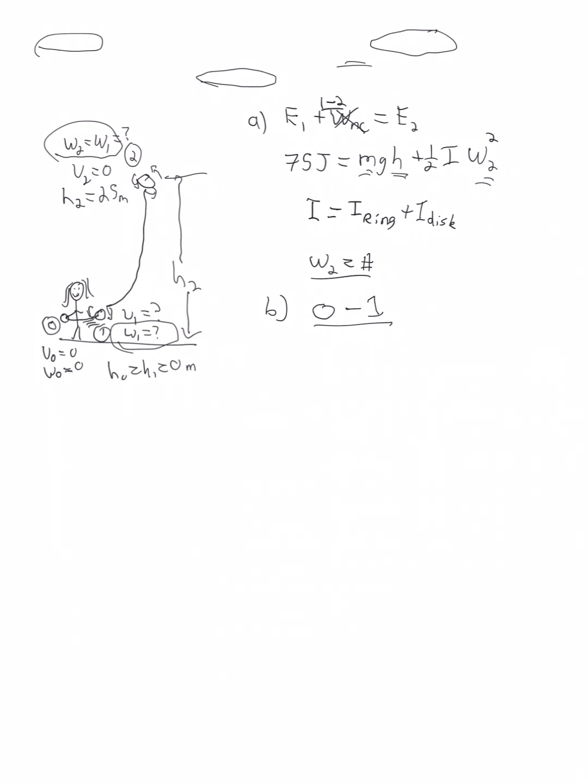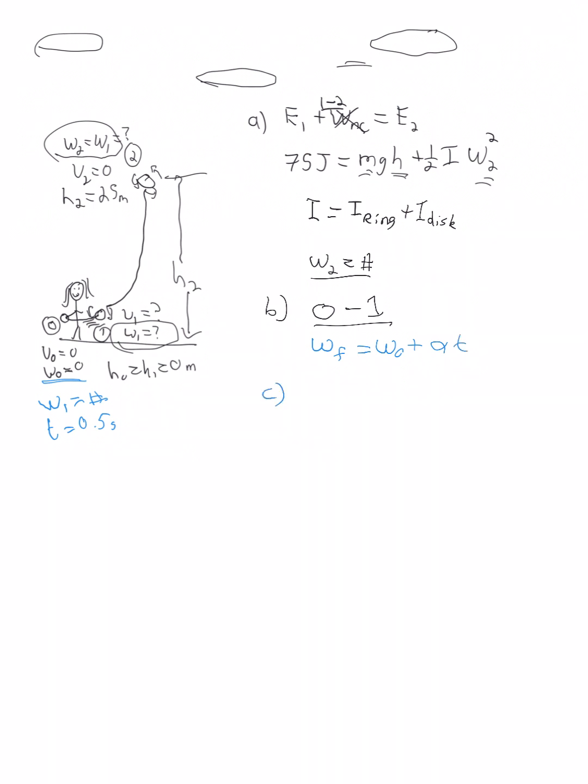We know omega initial is 0. We know omega at point 1 is the answer that you got in part A, and we're given the time of 0.5 seconds, so you should be able to find alpha simply using kinematics. Omega final equals omega initial plus alpha times time.